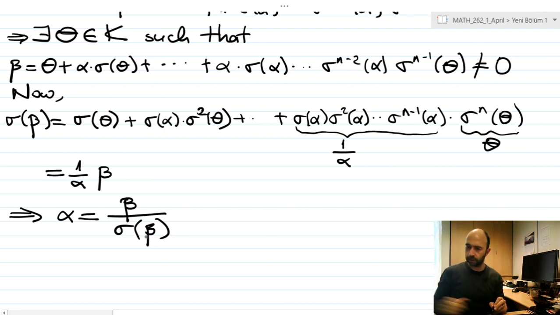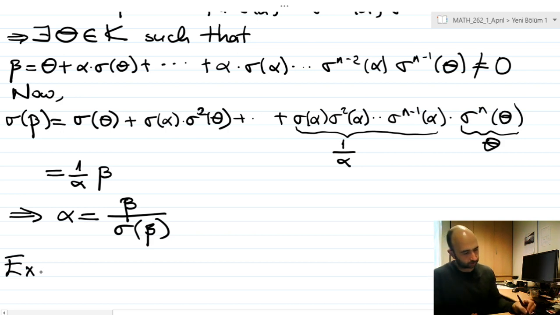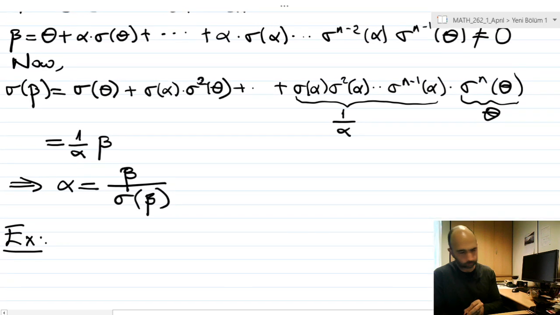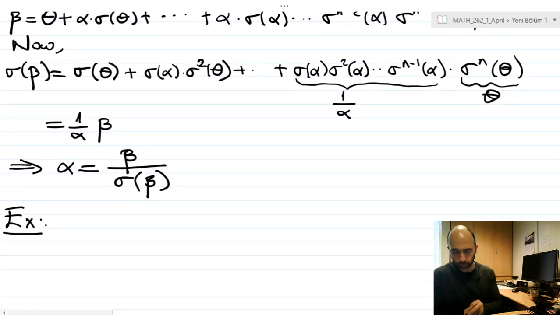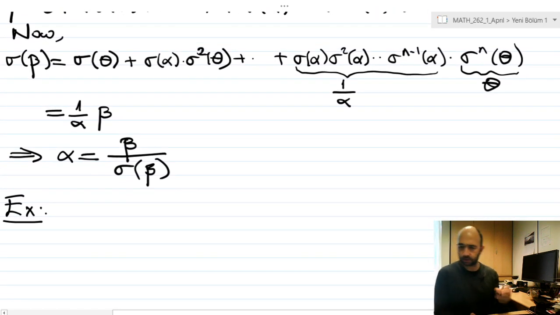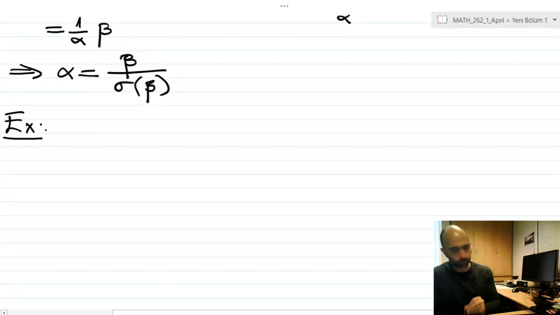Okay. Now, as a final thing, let's use this in an example. This is again an exercise in Dummit and Foote, but it is of historical importance even.